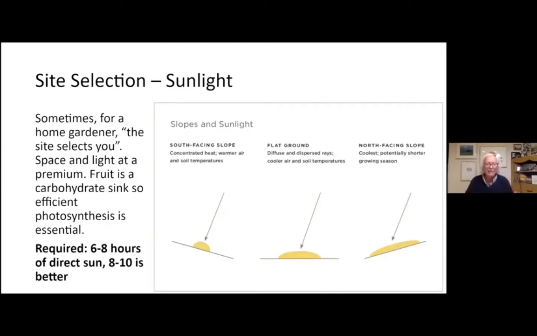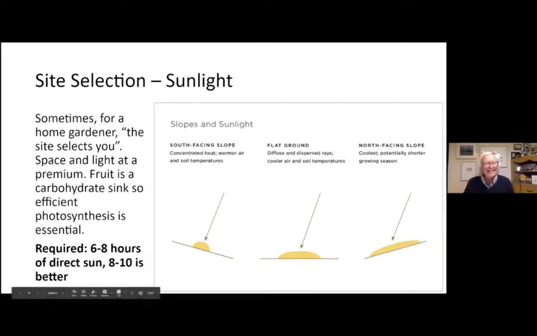And in doing that, its rays are concentrated and it delivers more sunlight energy, which begets both air and soil warmth. A south-facing slope with this little boost from the concentrated rays of the sun will warm a little quicker in the morning, stay a little warmer longer into the evening, warm a little quicker seasonally in the spring coming out of winter, and similarly stay warm longer into the fall.